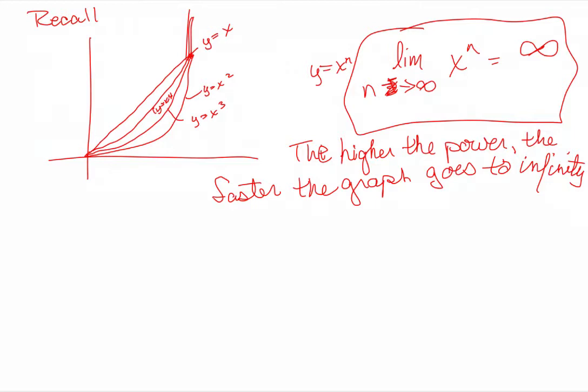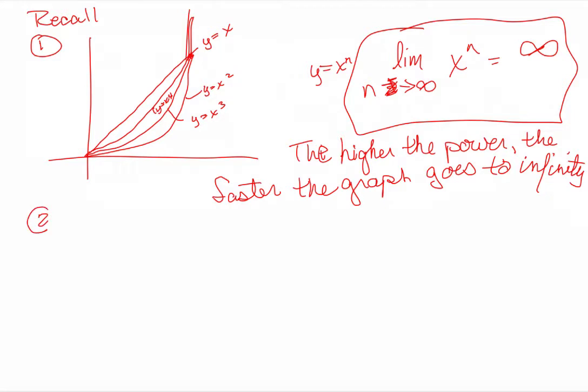Okay? So this is the first thing I want you to realize: the higher the power, the faster the graph goes to infinity. And if you notice these graphs, the higher the power, the faster these are going to go to infinity.